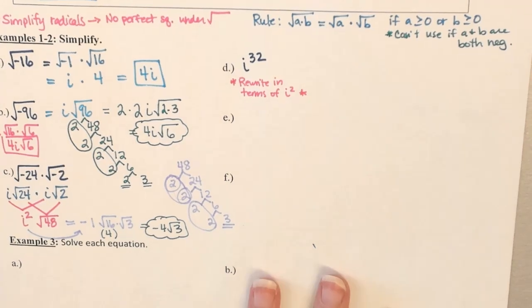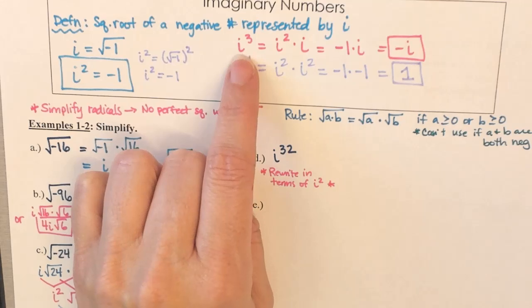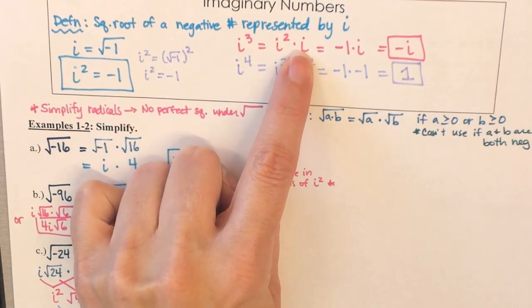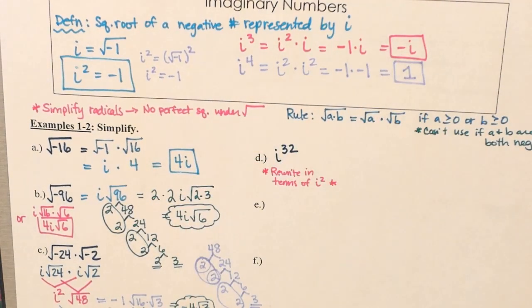So we actually did that a little bit above, right? So remember you were asking about i cubed. It really is just going to be this process where you do the i squared times i, and just see what was left in front.